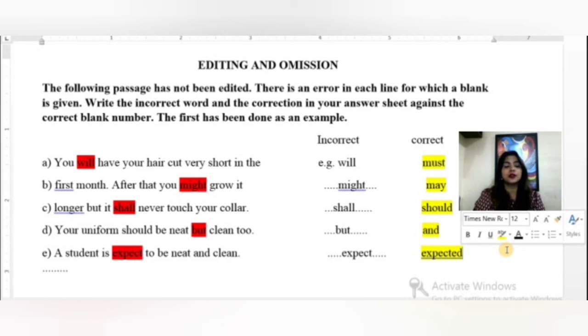So this happens with a lot of practice. Students, with this we come to an end of the editing and omission session. I hope that you have liked the video and understood the concept clearly, and the prerequisites for doing the editing and omission exercises, that is the PPACTS rule: preposition, pronoun, article, conjunctions, tenses and spellings. On the basis of these concepts only, any student can have mastery over editing and omission.